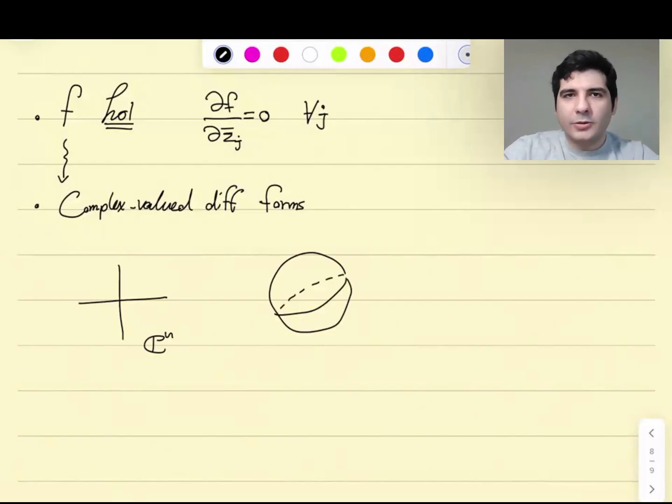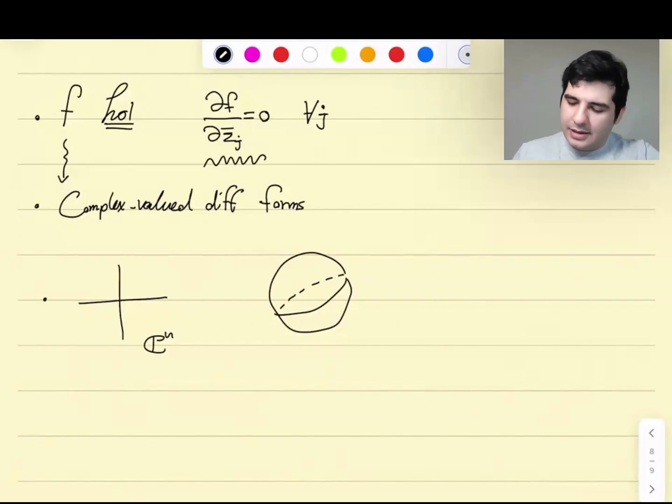It might not be very convenient in the beginning to work with differential forms, but in the long term, they're more invariant in substance. It's easier to use them rather than writing down in coordinates that the derivatives vanish, etc. Okay, so let's do that.